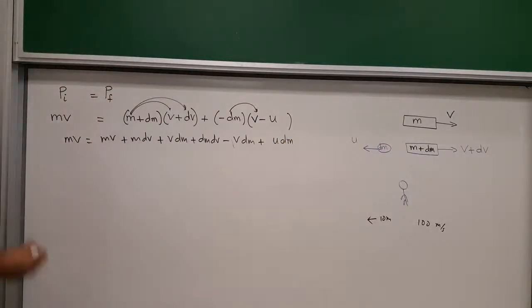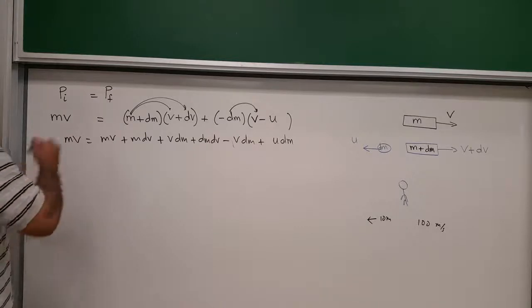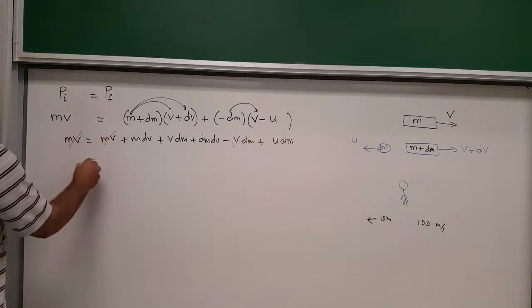So let's cancel a few things. So you get mv cancels mv, so the left hand side you have 0.